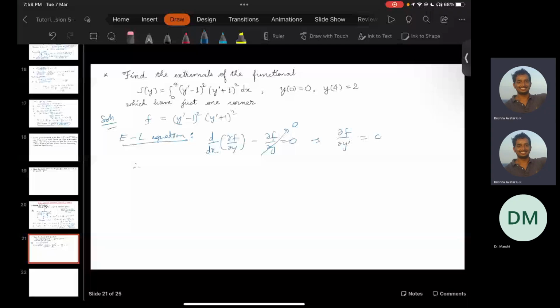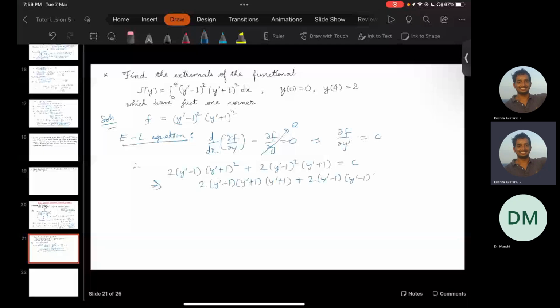And then this gives us, we'll take 2 as common, and have y prime minus 1 into y prime plus 1 into y prime plus 1. Similarly, y prime minus 1, y prime minus 1, y prime plus 1 is equal to c.